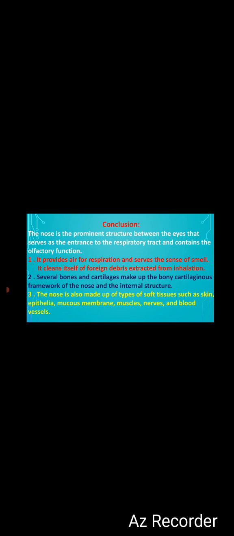Several bones and cartilages make up the bony cartilaginous framework of the nose and internal structure. Nose is also made up of soft tissues such as skin, epithelia, mucous membrane, muscles, nerves, and blood vessels.